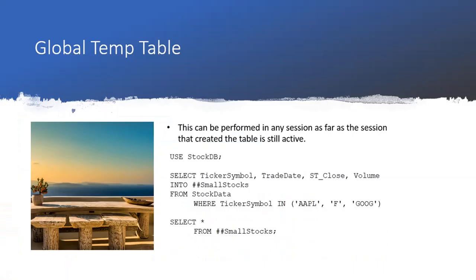The global temp table looks virtually the same as did the local. The only difference you'll see is that there's two pound signs here, or hashtags, as opposed to one. And then the big difference then is it's available to any session as long as the session that created the table is active.